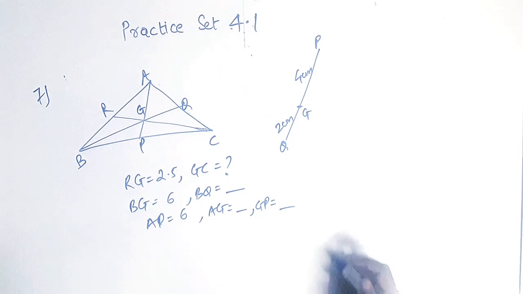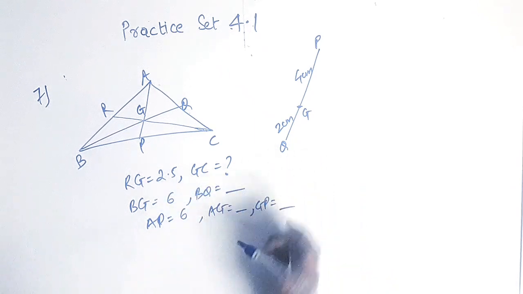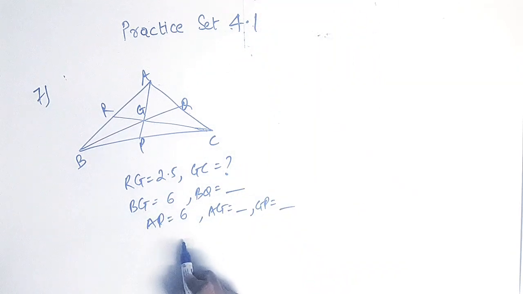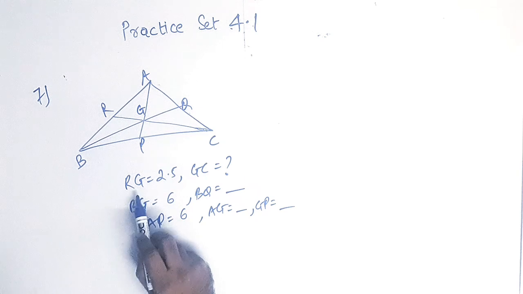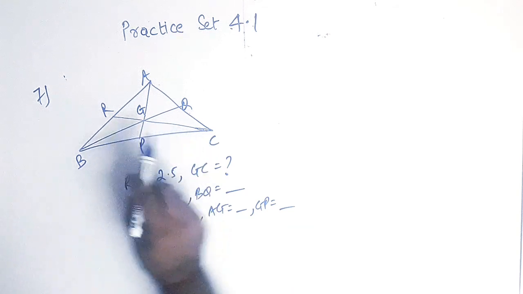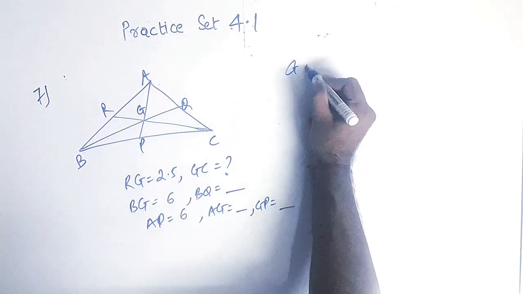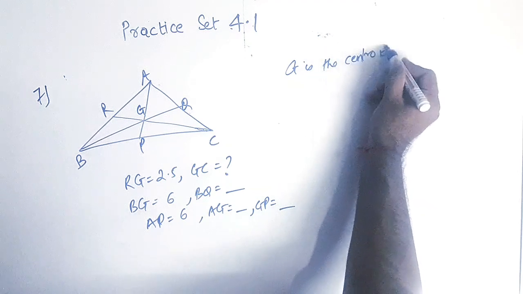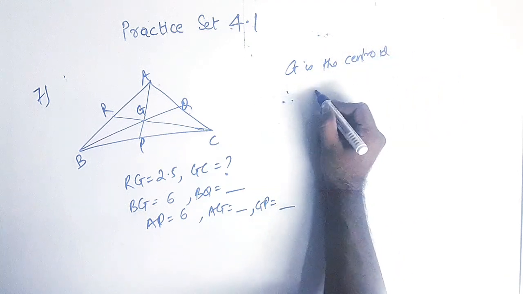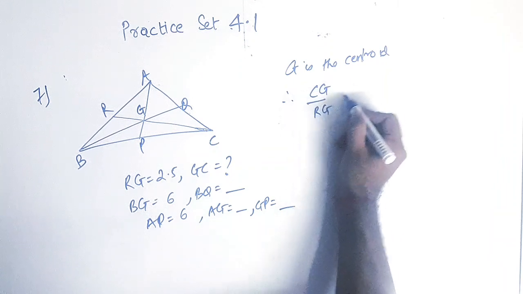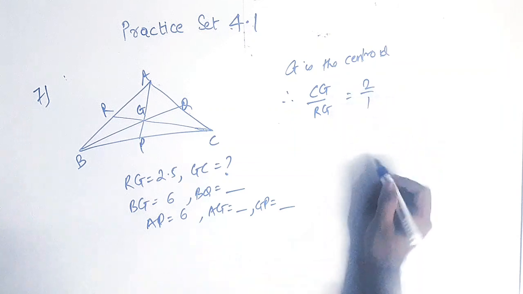Okay, so based on this property, you have to find the remaining sides. Okay, which all sides are given, I have written here. Okay, so RG is 2.5. RG is the smaller side of the median, CG is the bigger side. So you can write G is the centroid, therefore CG upon RG is equal to 2/1.